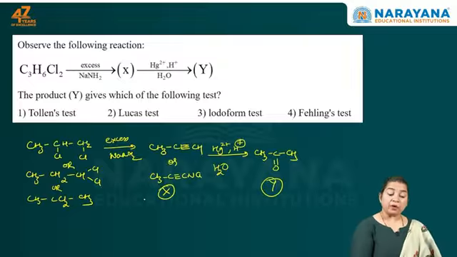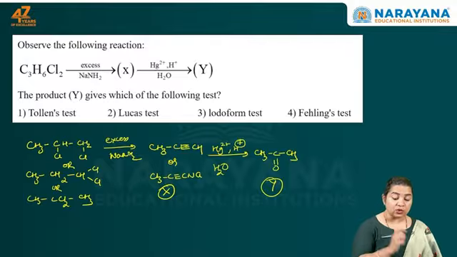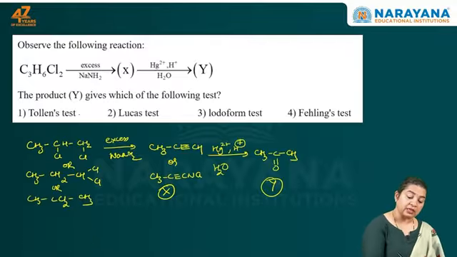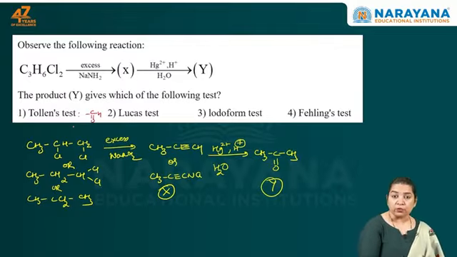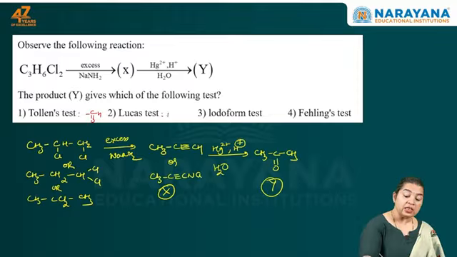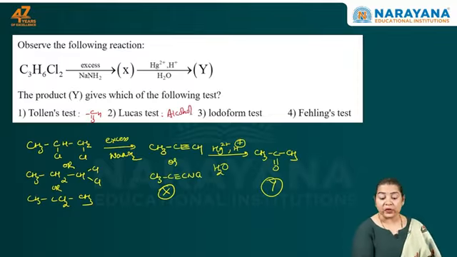Okay. The product Y gives which of the following test? This ketone, this acetone. Tollens test, no, Tollens test is characteristic for the aldehyde group, not the ketone group. Lucas test, that is concentrated HCl plus ZnCl2 reaction. This is a test to distinguish different alcohols, 1 degree, 2 degree and 3 degree alcohols, not possible.